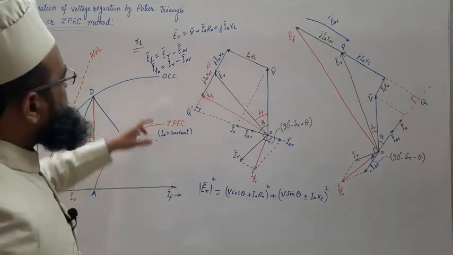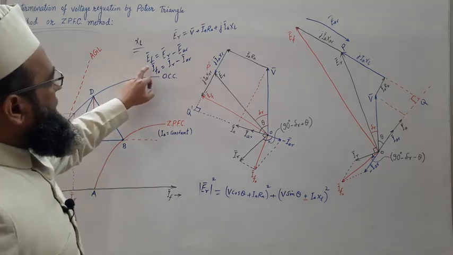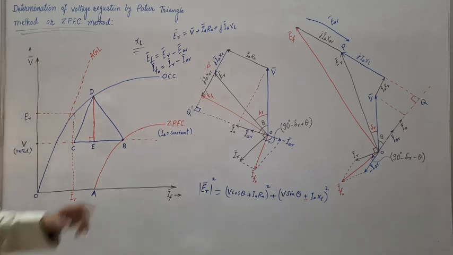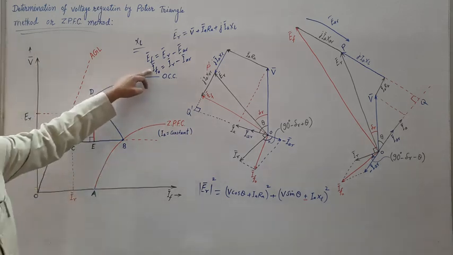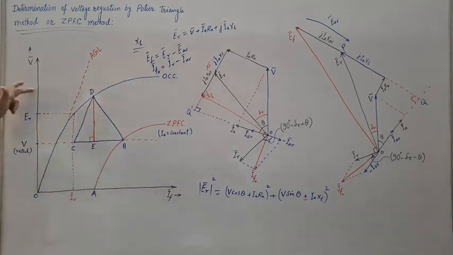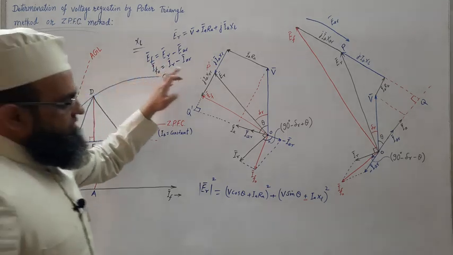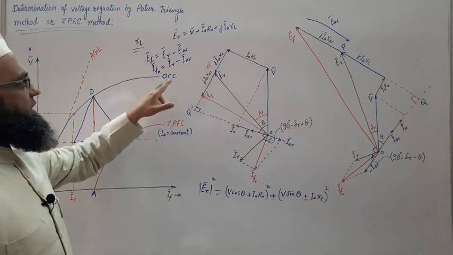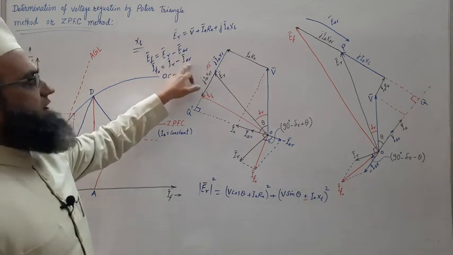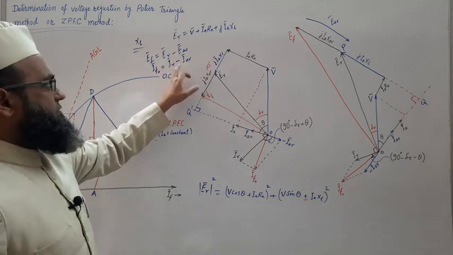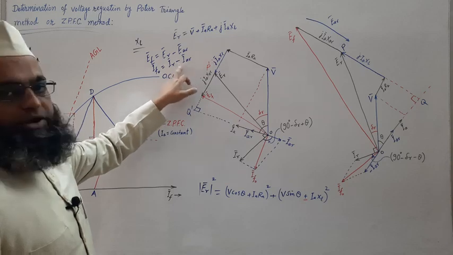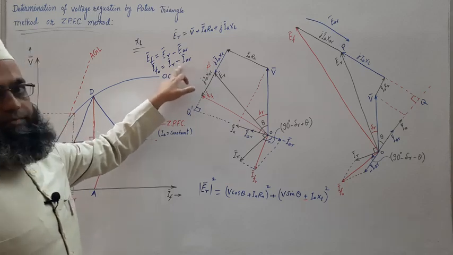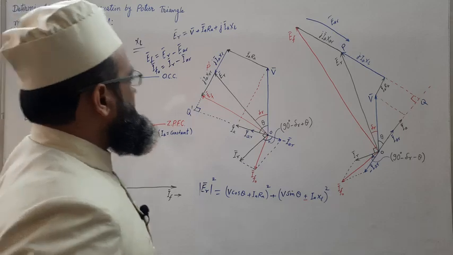Now we will try to get the value of If so that we can get the value of Ef. So If can be obtained by adding the two phasors Ir and minus IaR, adding, right? So plus or minus of this, right? Vectorially. So we are going to add these two phasors vectorially.